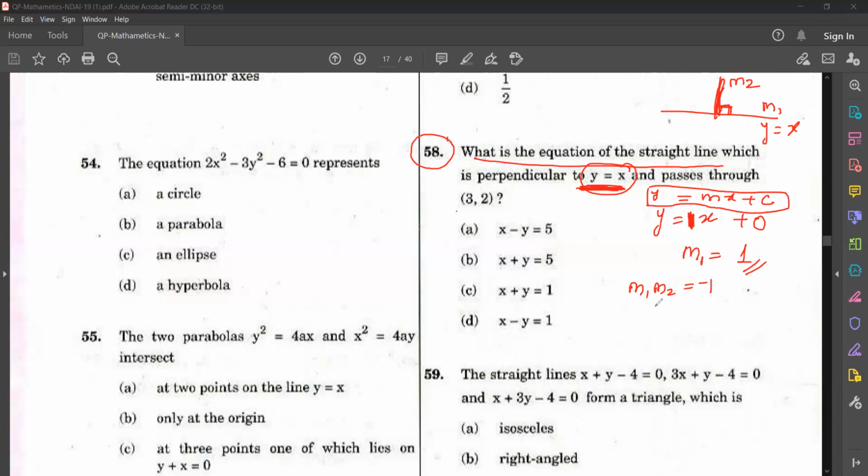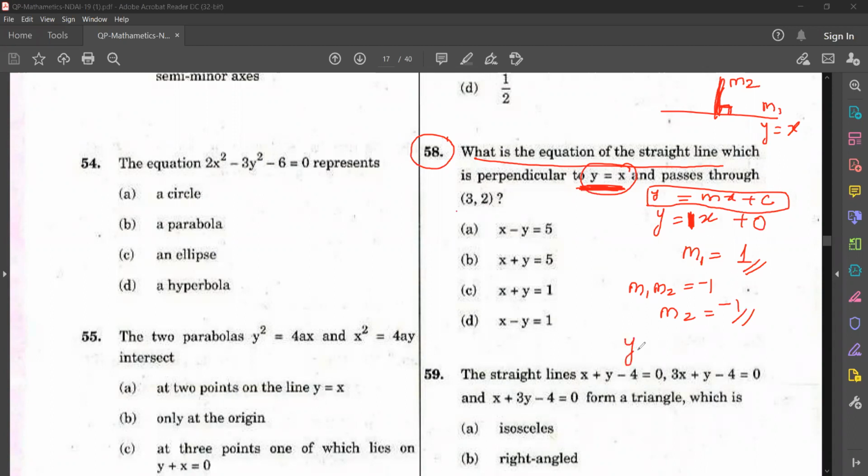Suppose this is m1, then m1 m2 is equal to -1. So m1 is 1, and m2 is equal to -1. So the slope of the line that we have to find is -1.